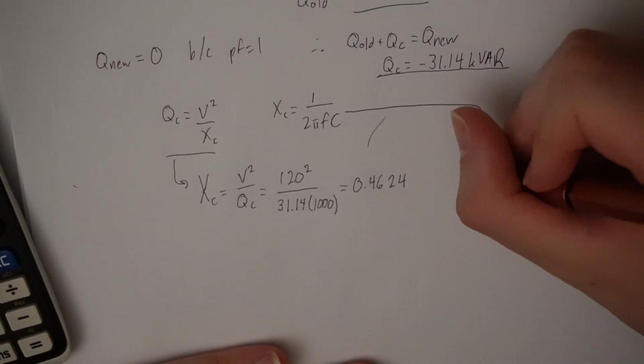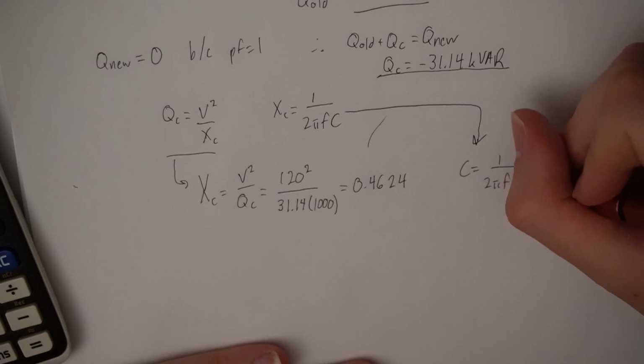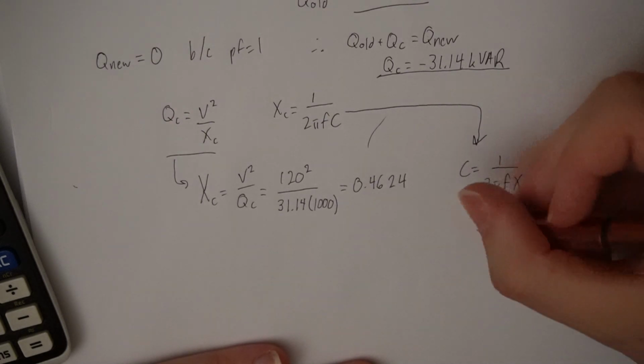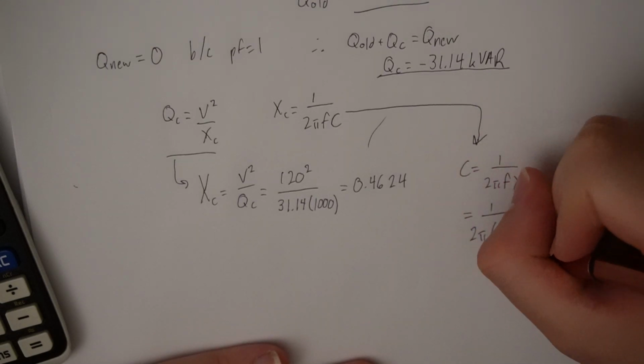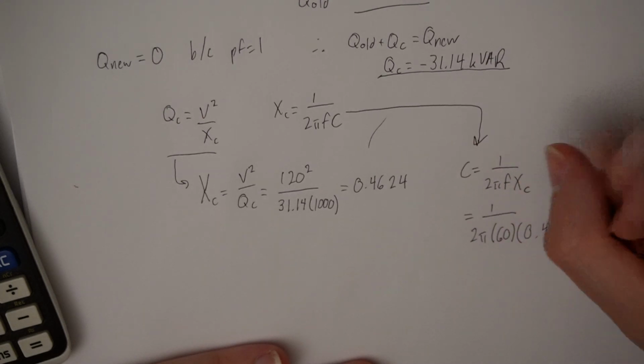Okay, now rearranging the other equation for C, C equals 1 over 2 pi f XC. Well, in this case, 1 over 2 pi, my f is 60, given in the problem, XC 0.4624.